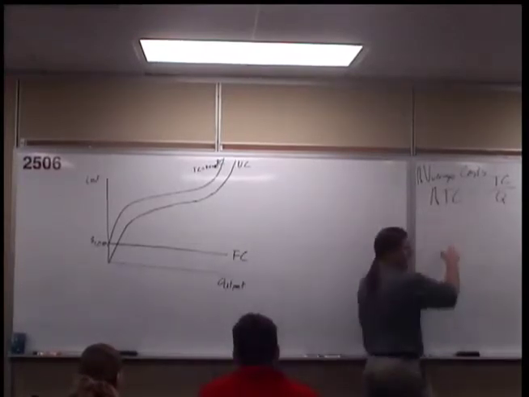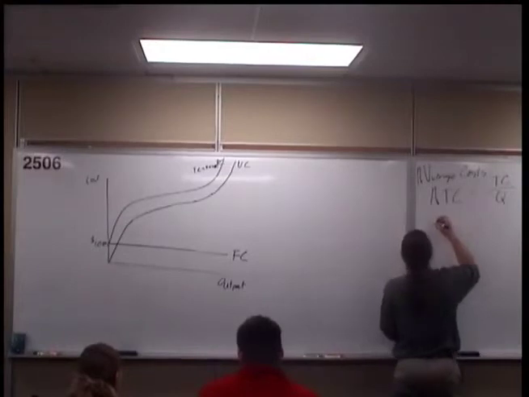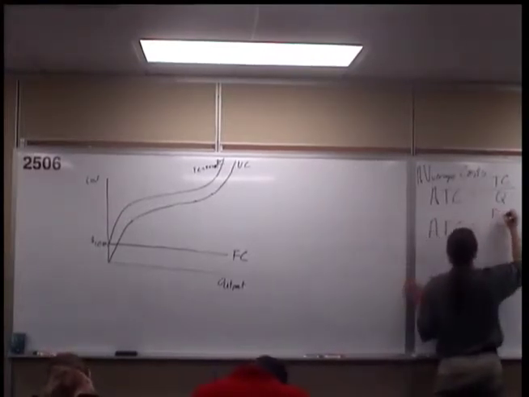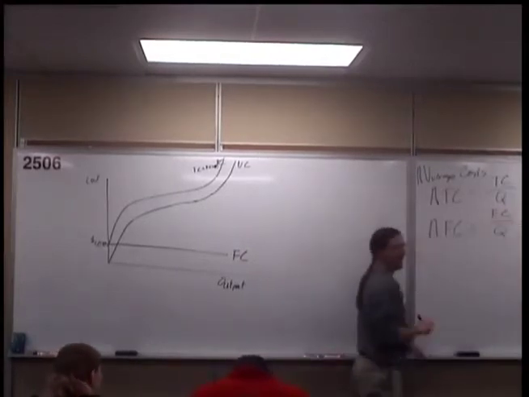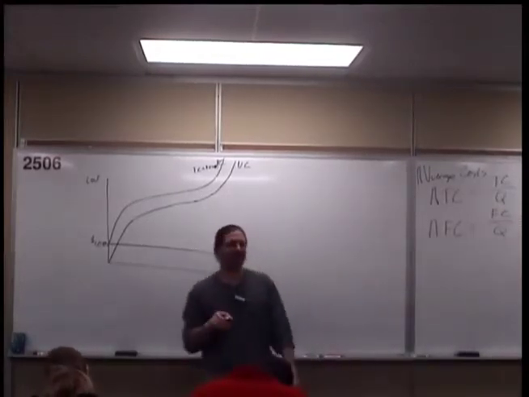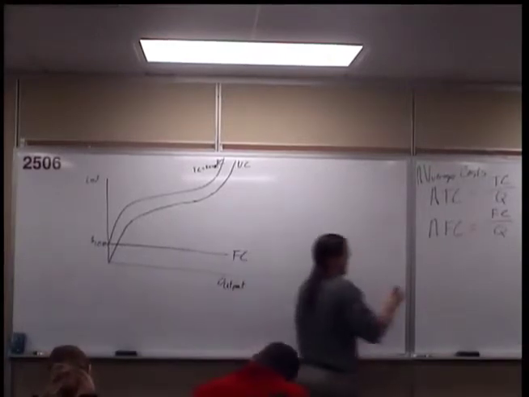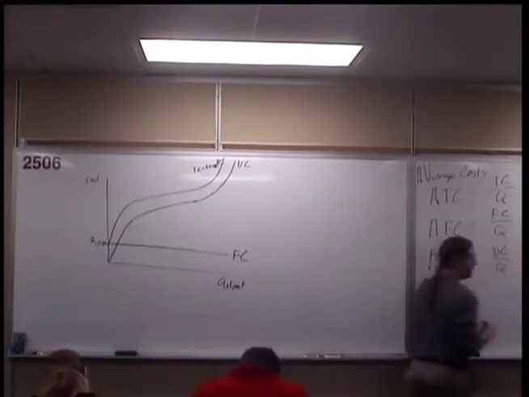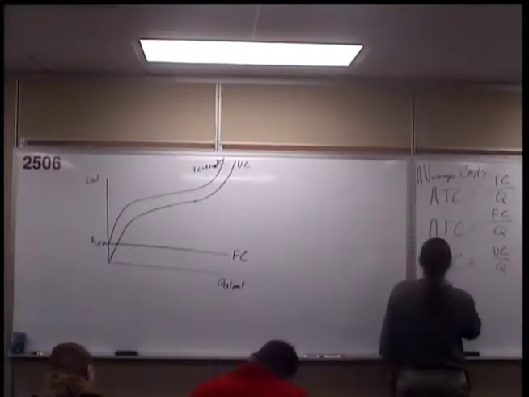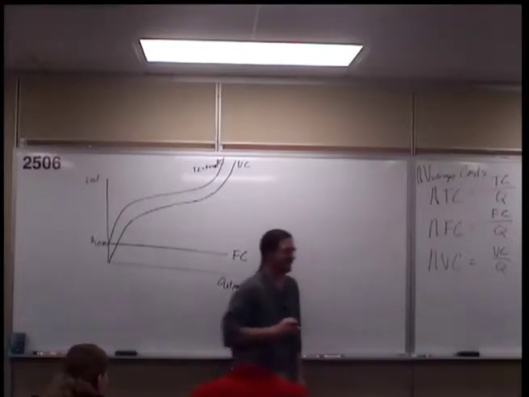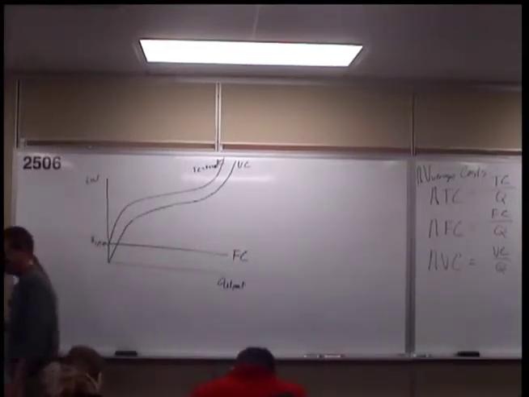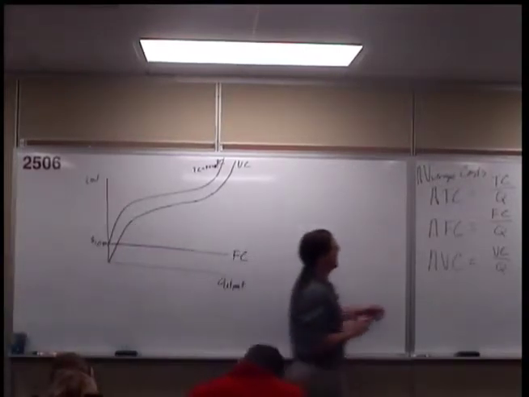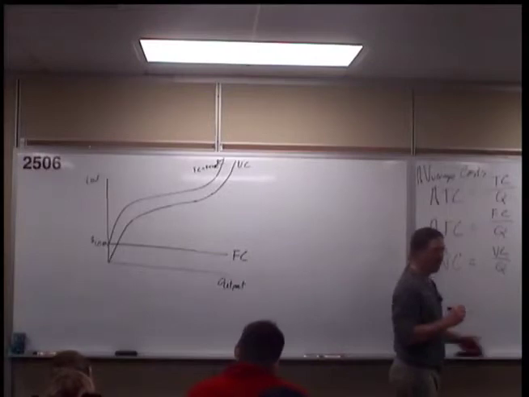So if you can have average total cost, guess what else you can have? Average fixed cost. And how would I define it? Yeah, just take each one of the actual ones that it's an average of and divide by the quantity. So you could have average variable cost. You could have, oh, we've gotten to them all. And the nice thing about it is that the averages don't break the rule for the total, right?